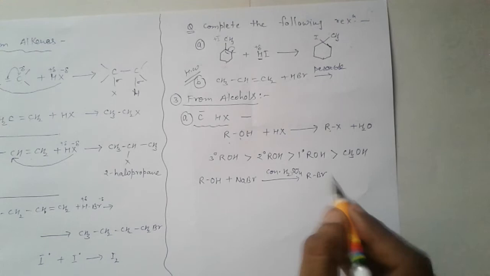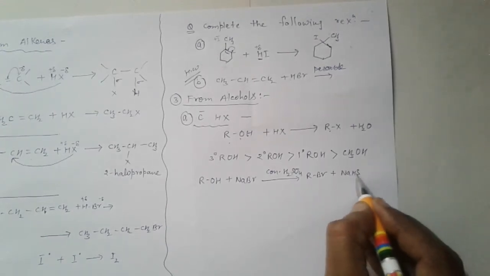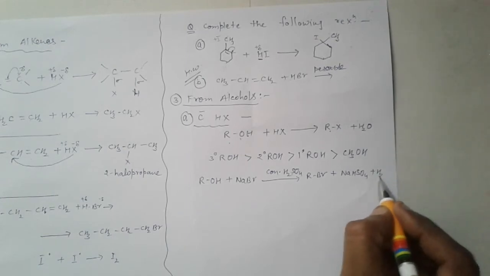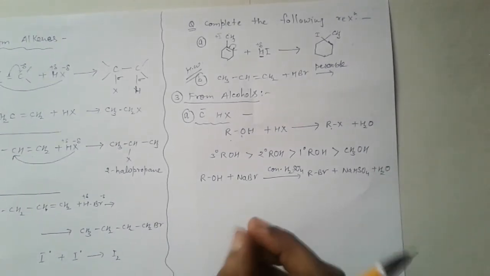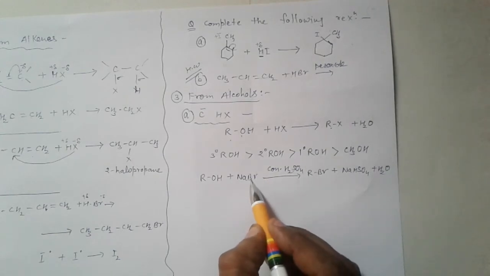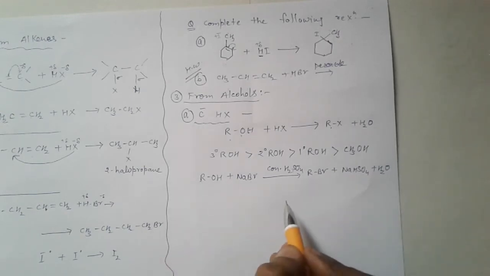In this reaction, byproduct is sodium hydrogen sulfate and water molecule. Here, bromide atom from NaBr is added to alkyl group and alkyl bromide is formed.